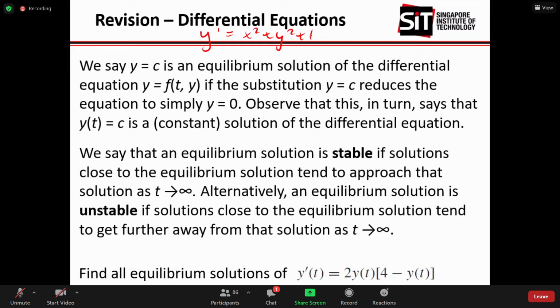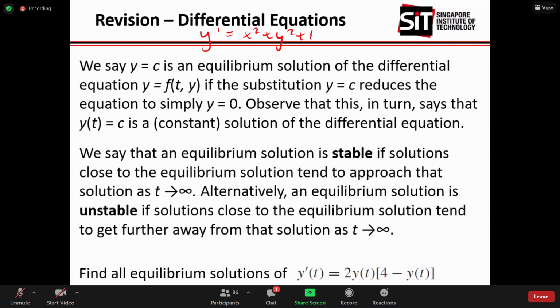Nevertheless, we can gain some insight into the behavior of the function. And this is done through what is known as stability analysis, or identifying the equilibrium solutions. Equilibrium solutions are those which reduce the equation to y prime equals 0. This means that the solution y equals c is a constant solution of that differential equation.